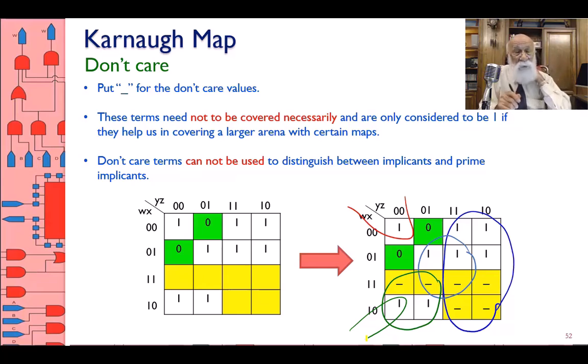The prime implicants do consider the don't cares, but when you are doing the essential ones, you don't consider the don't cares. So this one up on the left and the one below, that's an essential one. This one is an essential one. This one is an essential one.